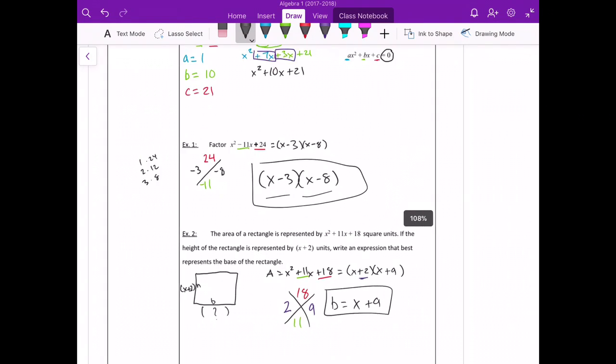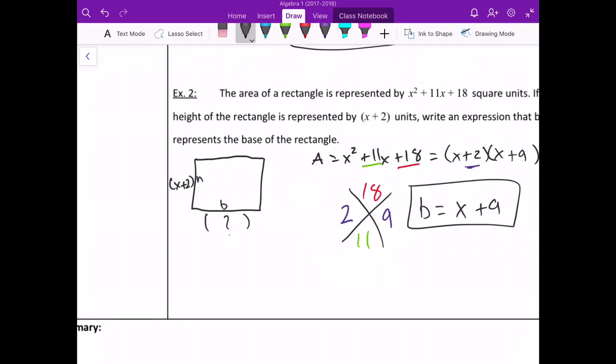The only other thing you might want to be careful of is if you have x squared plus, like, say, 7x plus, I don't know, 12, right? Well, actually, that works out too clean. Let's say 13. Don't forget, if you have a negative 1, everything should always go to the right side. So be aware that it should always be equal to 0. Put it in standard form first.